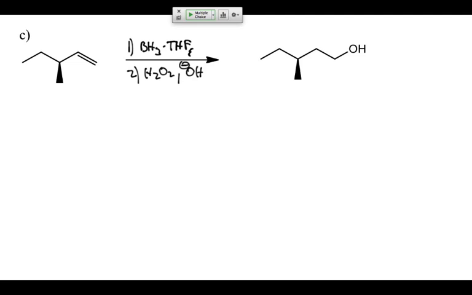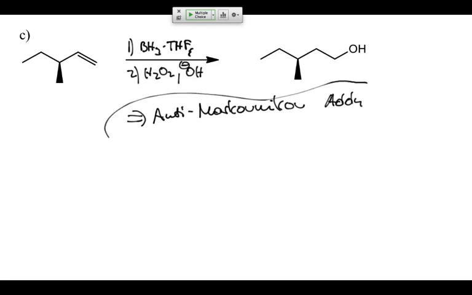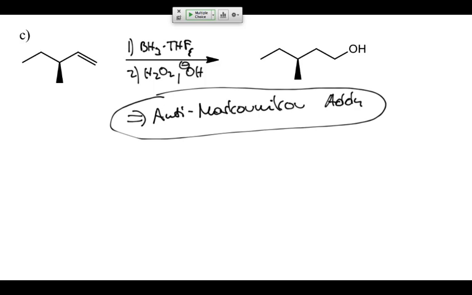And again, the key here is this is anti-Markovnikov addition. Okay? Sorry. Any questions about this one? That's fine. Okay? So we're going to continue.